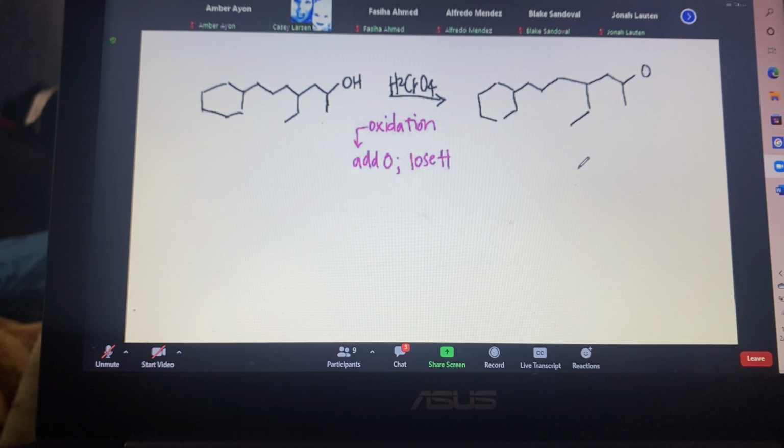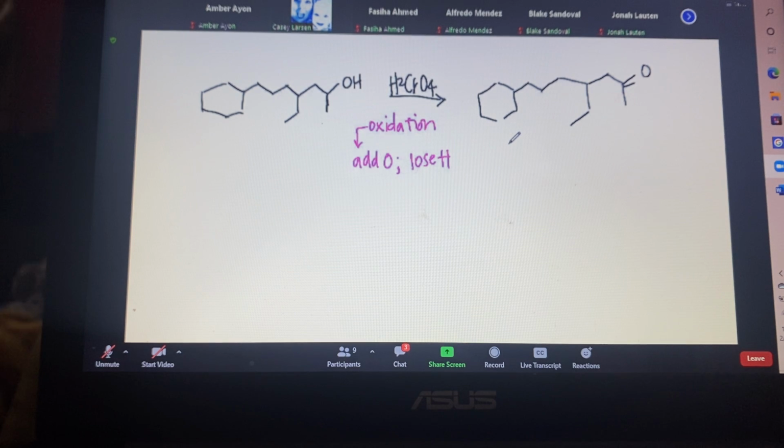Okay, so I put the O here. What is the only thing I'm going to change? That's all I'm going to do. All I'm going to do is add a double bond.